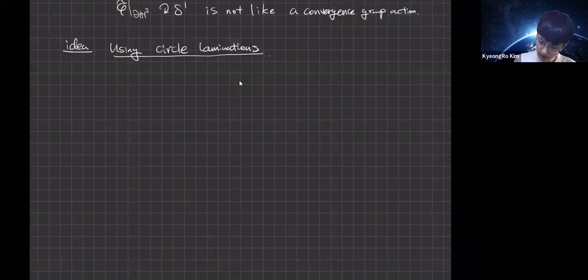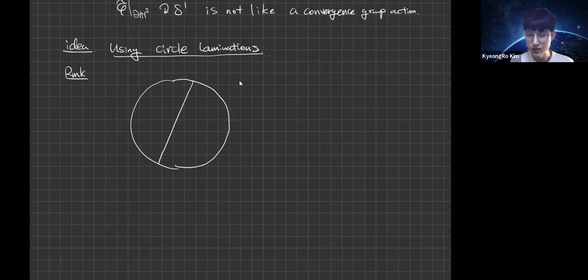Moreover, now here is a remark. If we have a geodesic on the hyperbolic plane, then this gives a pair of points, which are the endpoints of this geodesic. Conversely, if we have two points in the boundary, we can determine the geodesic joining them.